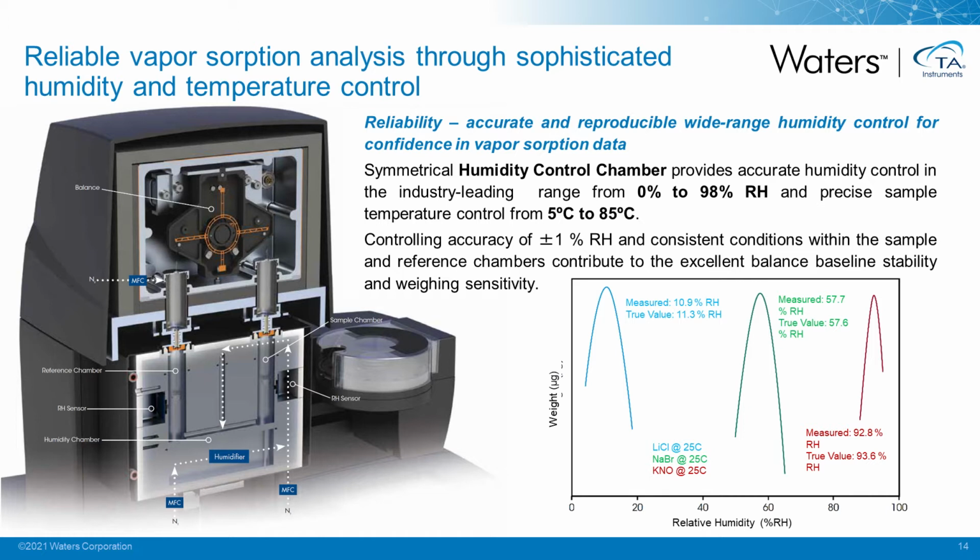And the graph shown here is looking at some deliquescent salts: lithium chloride, sodium bromide, potassium nitrate, and looking at their measured deliquescence points relative to their true values, just to emphasize that we are meeting the plus or minus 1% RH here.